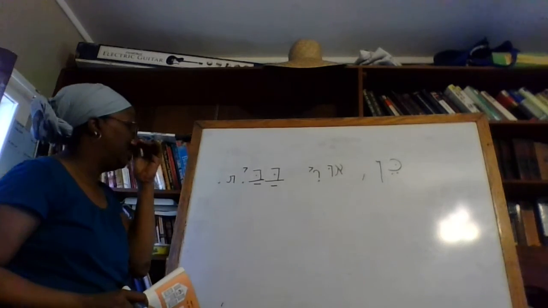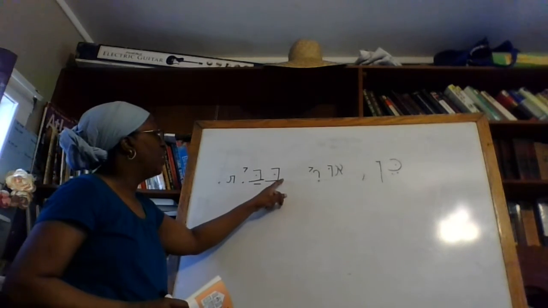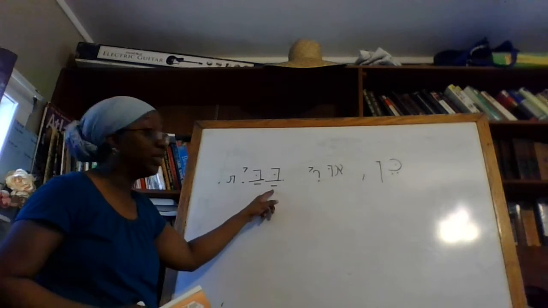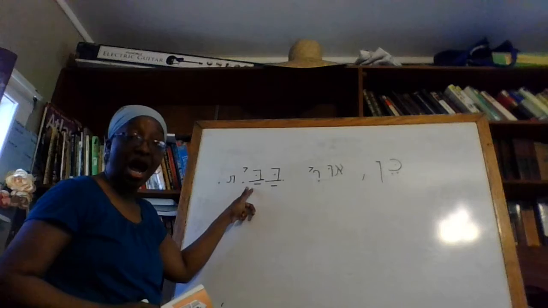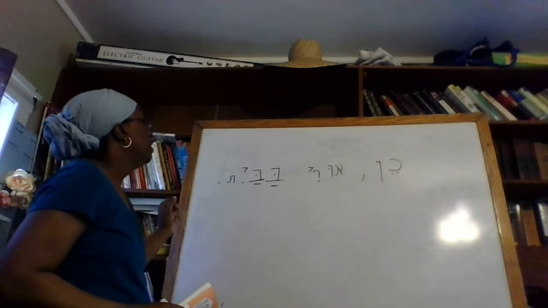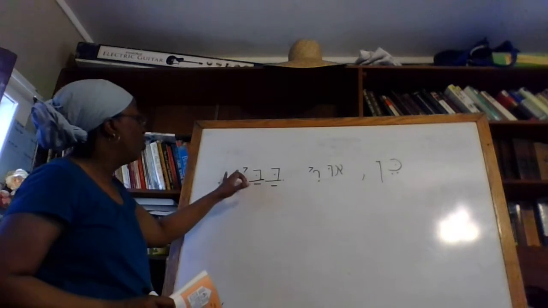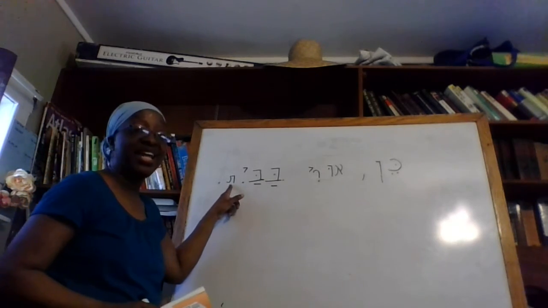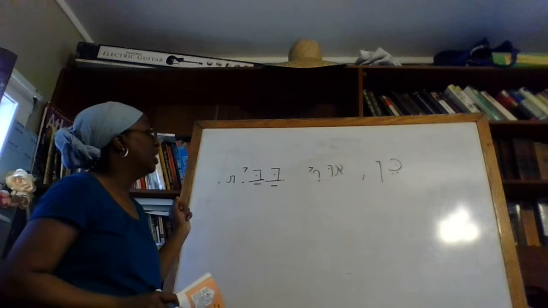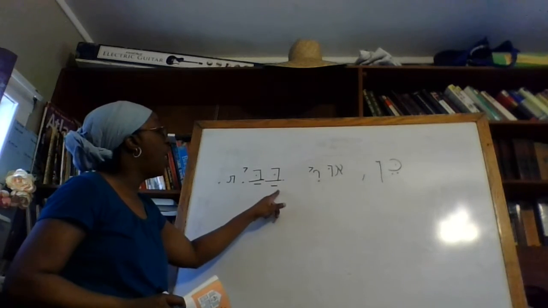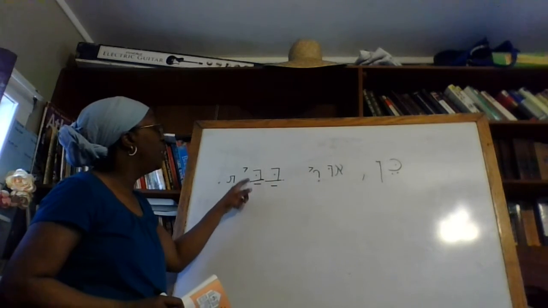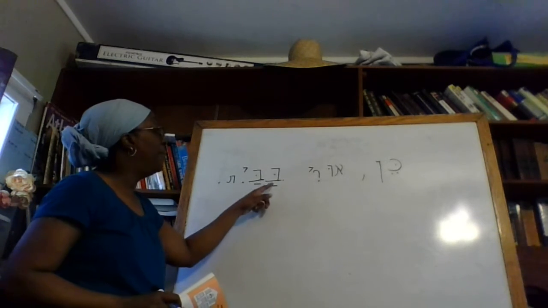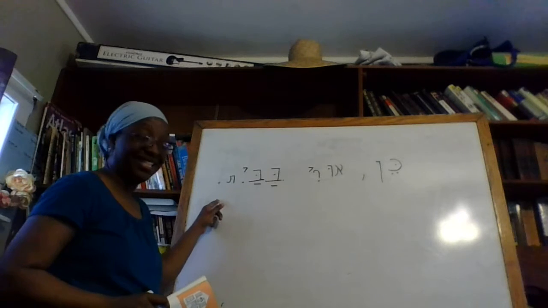Now, let's pronounce this word. We have a bait, b, with an ah vowel under it. Another bait with an ah vowel under it. And then we have a yod with an ee vowel under it. And then we have a tav. So let's pronounce it. B, a, ba. B, a, ba. Yit. Ba, ba, yit.